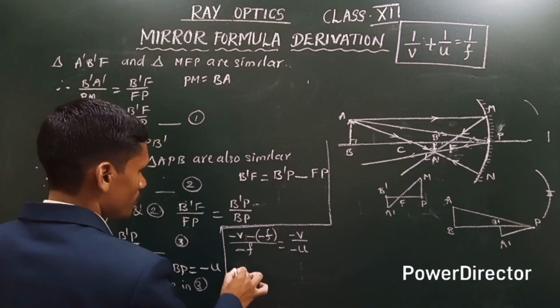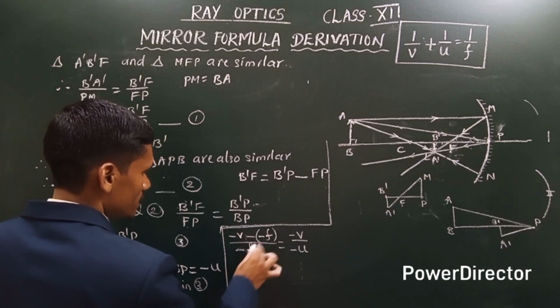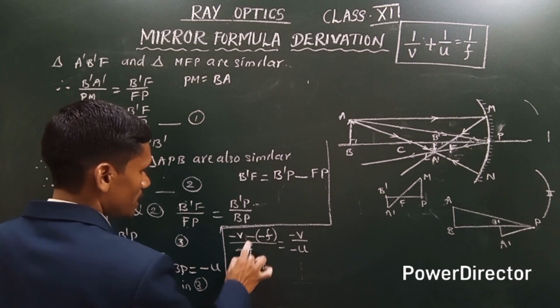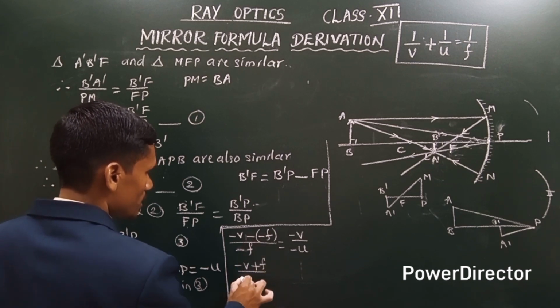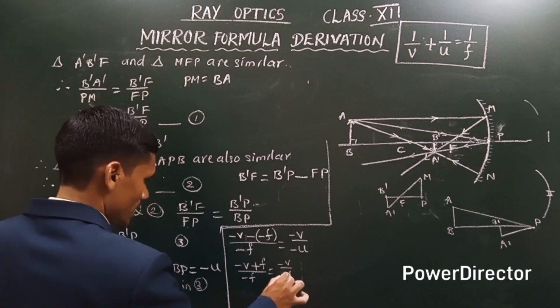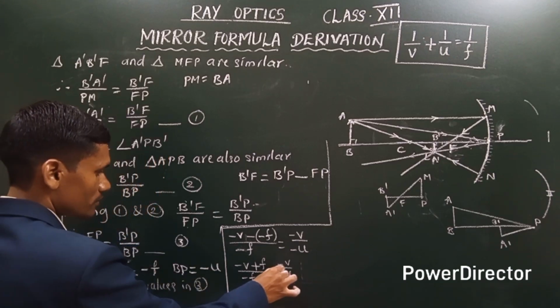How to simplify this now further? Minus into minus gives plus f, divided by minus f, is equal to minus v upon minus u.